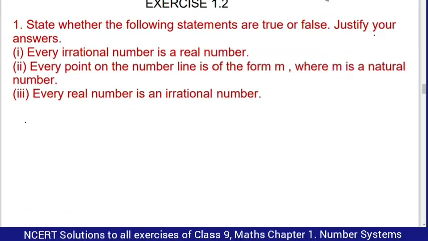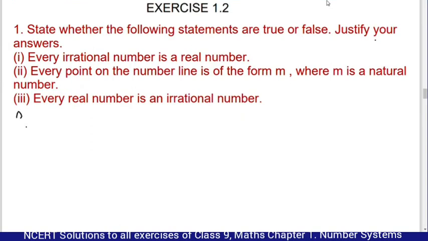Exercise 1.2, question number 1, state whether the following statements are true or false. Justify your answer. First one, every irrational number is a real number. Second one, every point on the number line is of the form square root of m, where m is a natural number.